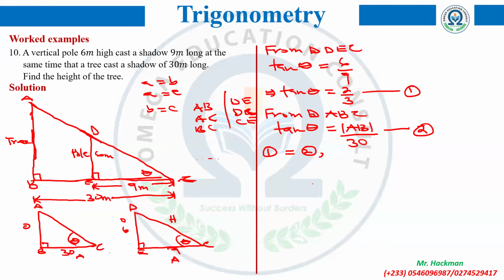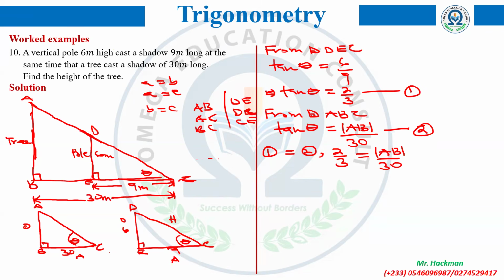So 2 on 3 should be equal to the length of AB, which is what I'm looking for, over 30. Do you all agree now? The same tan theta is equal, so this must be equal to that. All correct.